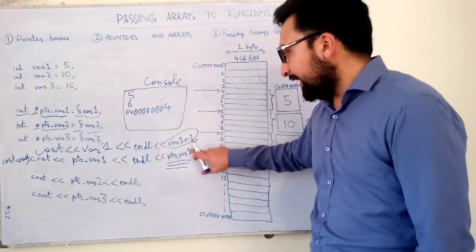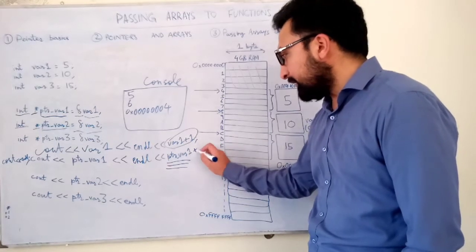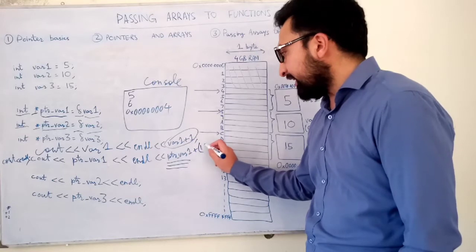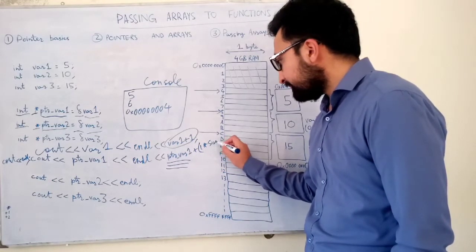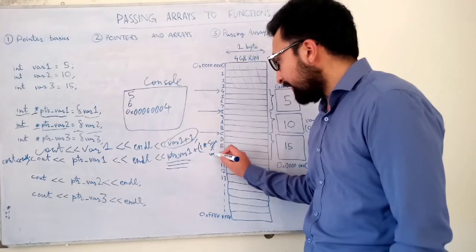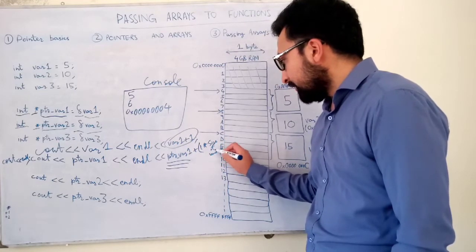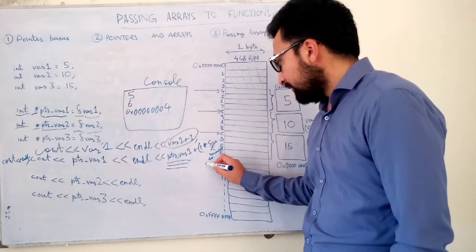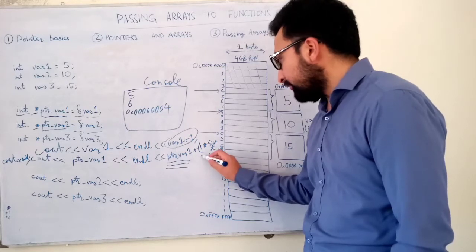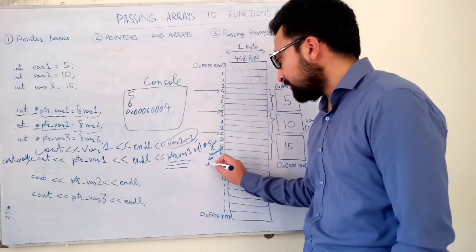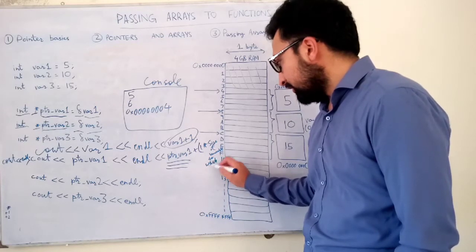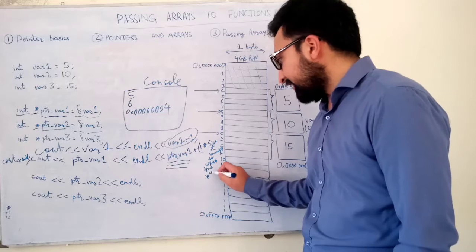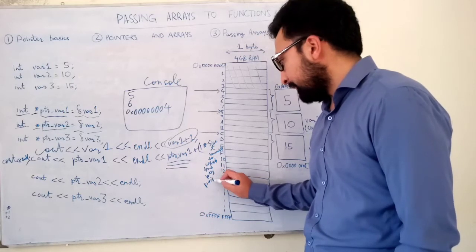The thing that gets added to the pointer variable is whatever is written here, multiplied by the size of the variable to which the pointer points to.